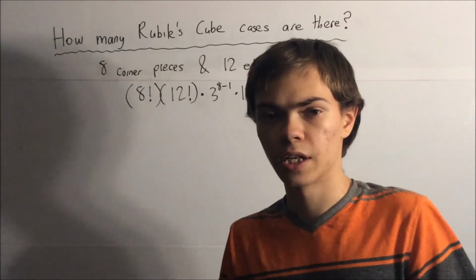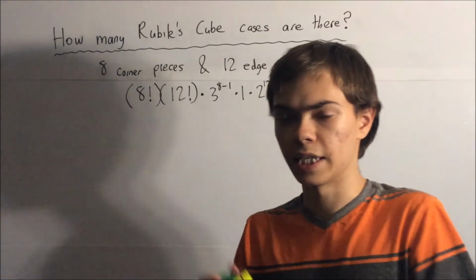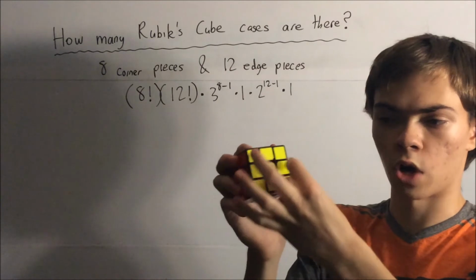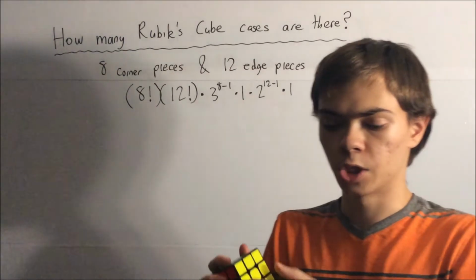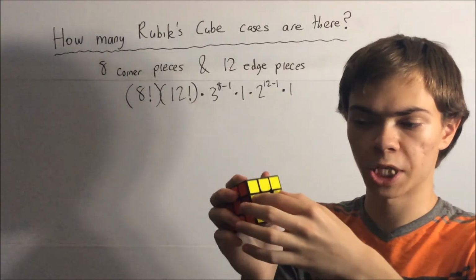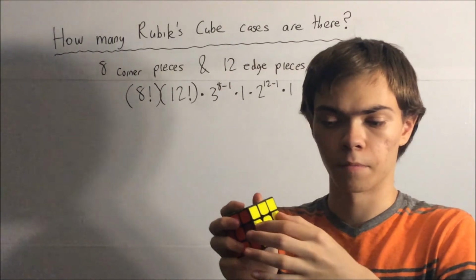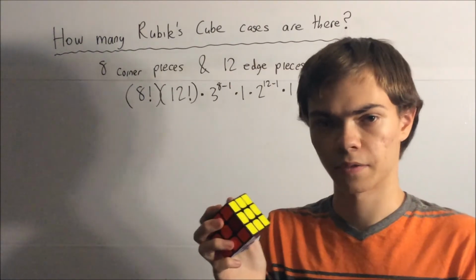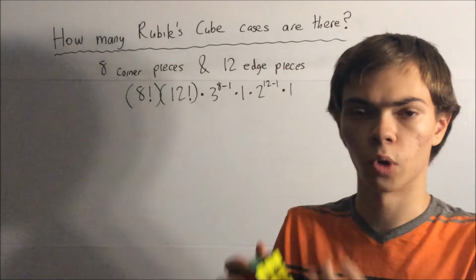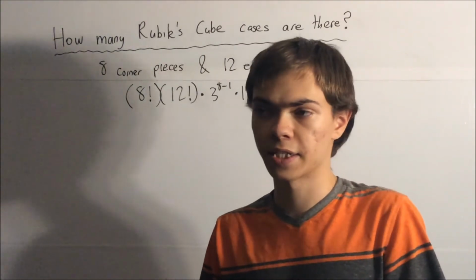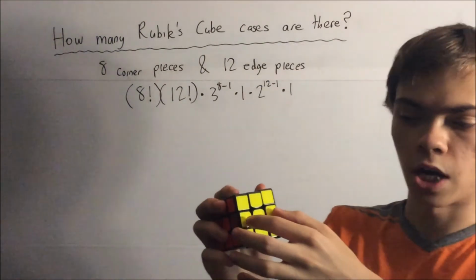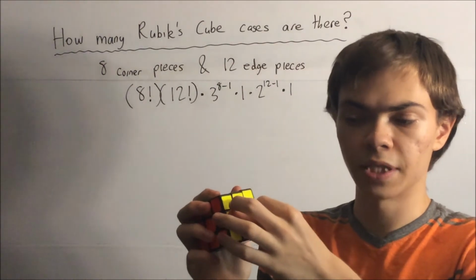Now, the truth is, you can never make exactly one swap. And a swap is basically just switching the positions of two pieces, right? It could be two edge pieces or it could be two corner pieces. In this case, we have the swap of two edge pieces.